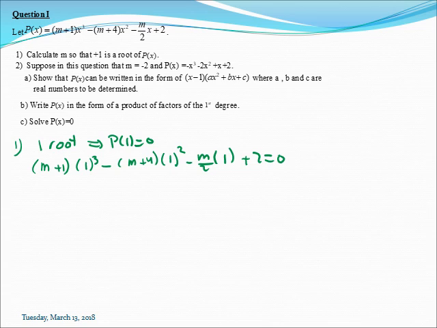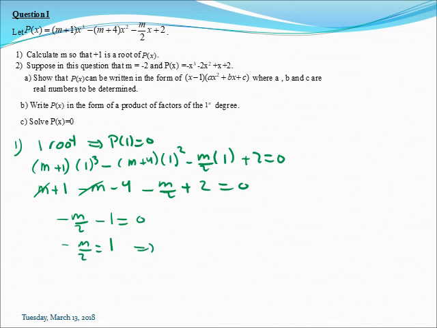So 1 cube is equal to 1, times m plus 1, minus m minus 4, minus m over 2, plus 2 equals 0. M minus m is 0, minus m over 2, plus 1 minus 4 plus 2, which is minus 1, equals 0. So minus m over 2 equals 1, then m equals minus 2.